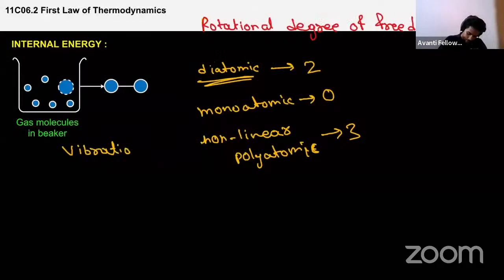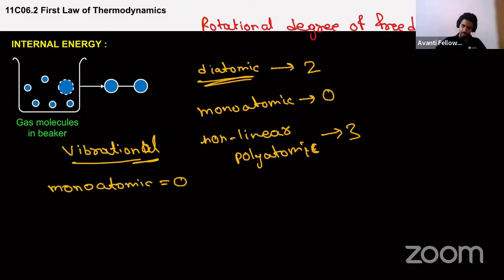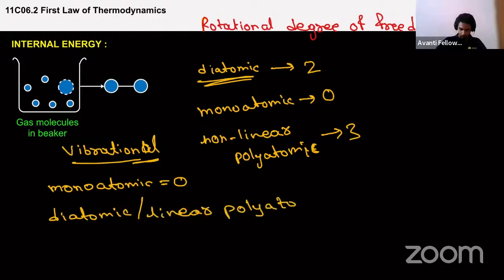vibrational degree of freedom. In this also we will be differentiating monoatomic, diatomic, and non-linear polyatomic. In monoatomic, again the vibrational degree of freedom is 0. Okay. Now, when we come to diatomic or linear polyatomic, the vibrational degree of freedom is nothing but 3n minus 5. n is nothing but the atomicity of the molecule.